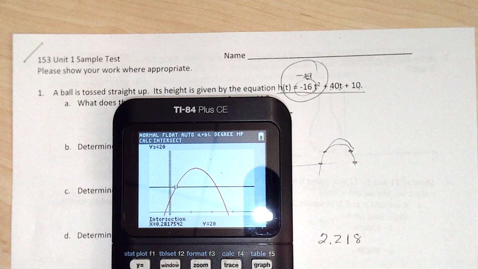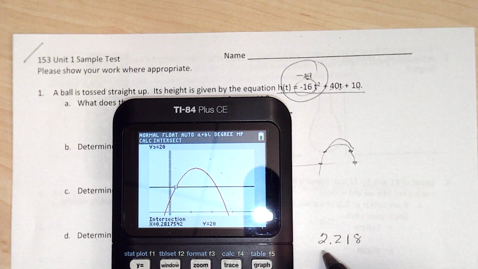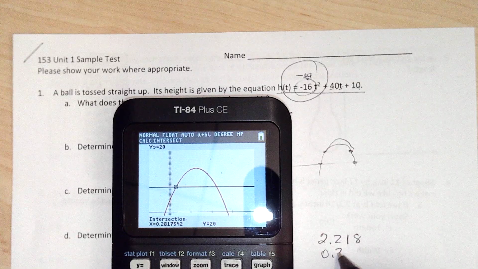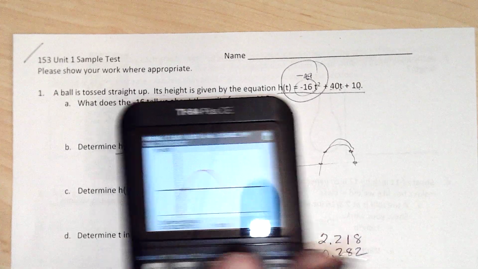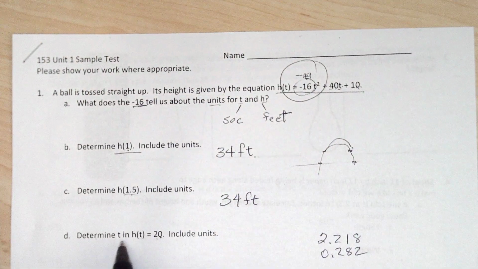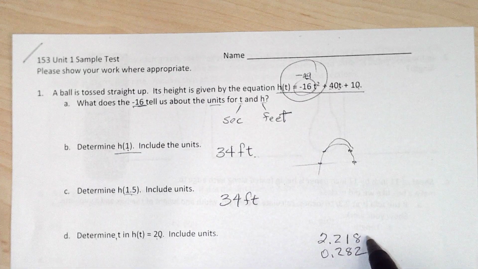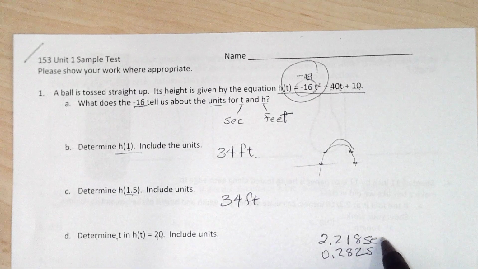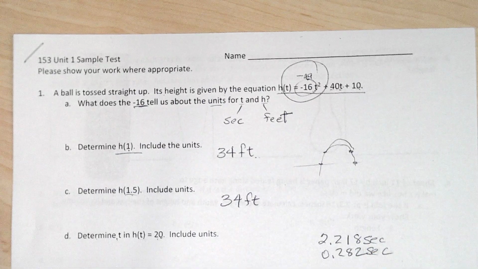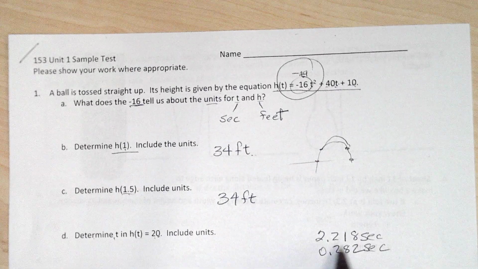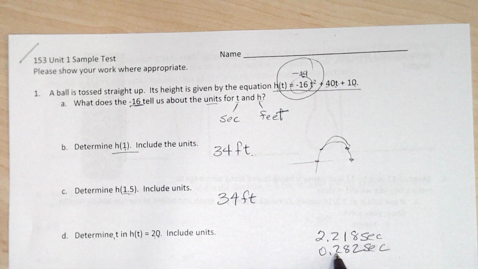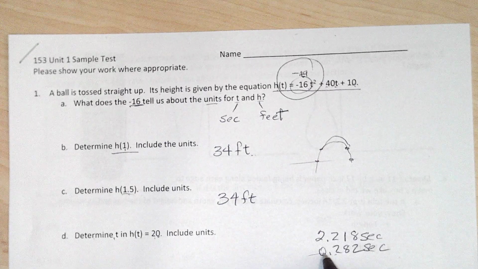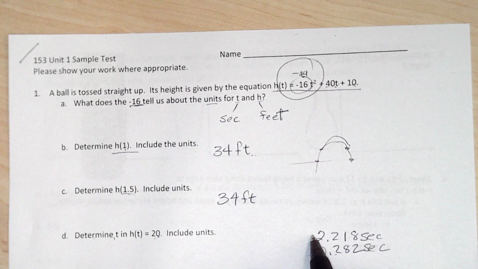And it's 0.282. Okay, and so determine the time in seconds, and explain the meaning of what we just found. Well, this is the time when the height was 20 on its way up, and this is the time when it came back down to 20 feet high.